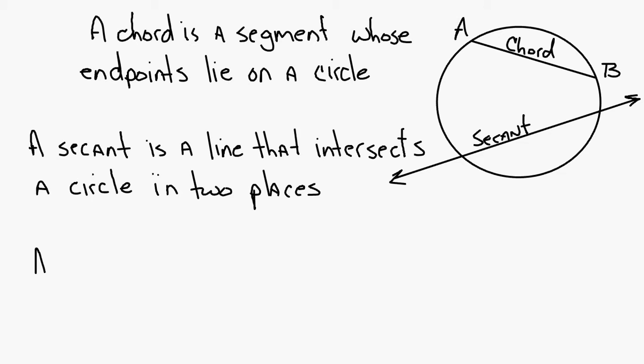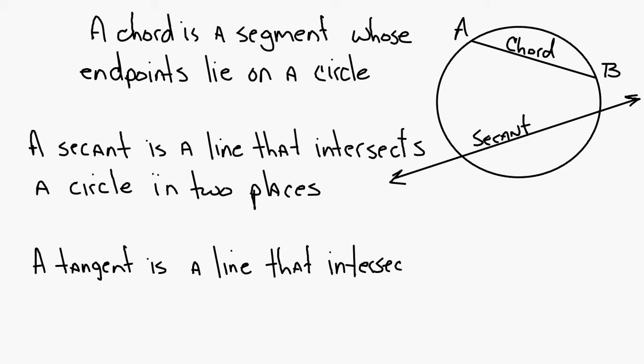And a tangent is a line that intersects a circle at exactly one point.